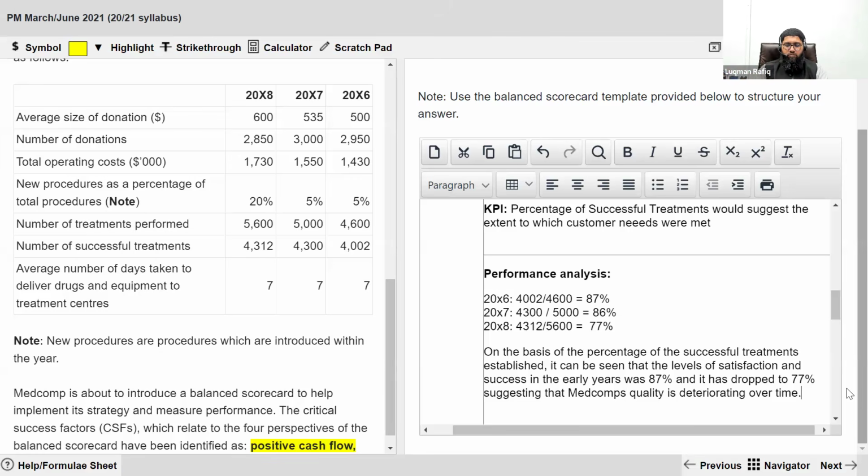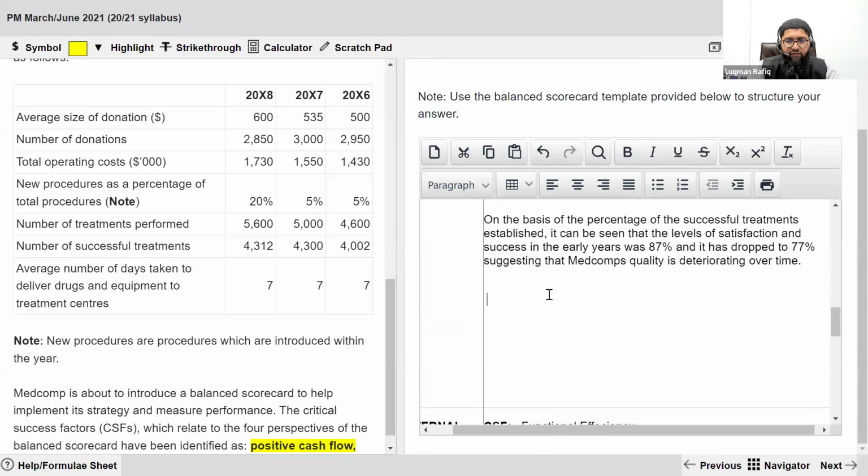So you have to be ready for that also. Okay, let's move a bit forward and let's discuss further.